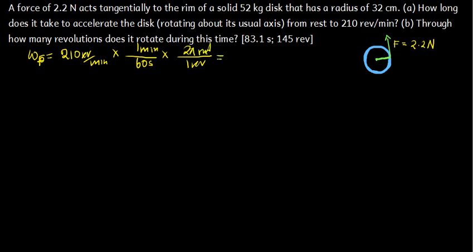So just multiply 210 by 2 pi and then divide by 60, giving us 21.9911. This is now radians per second.